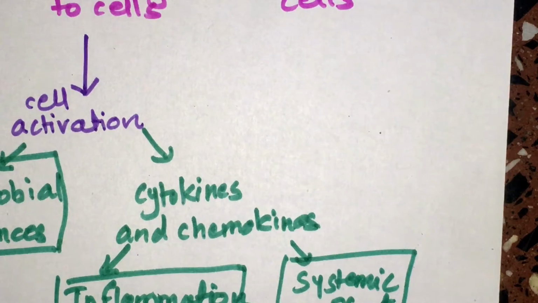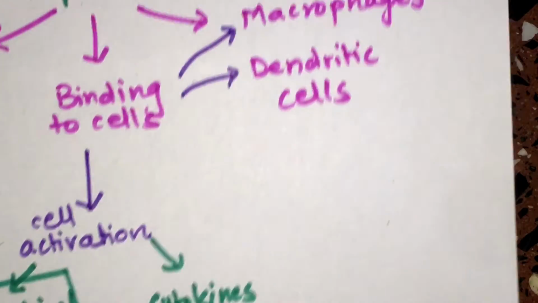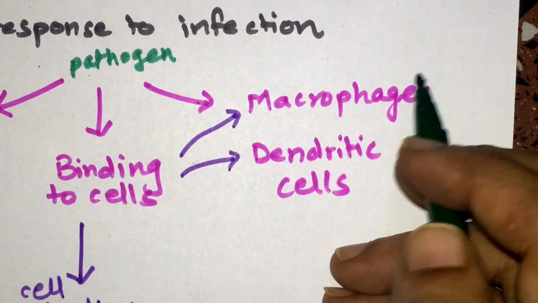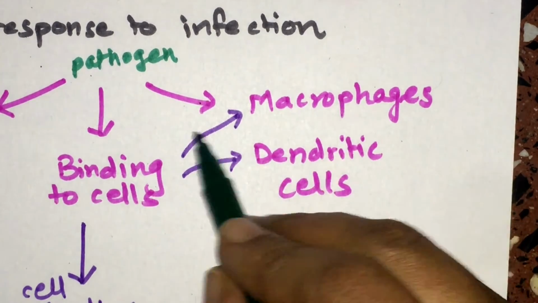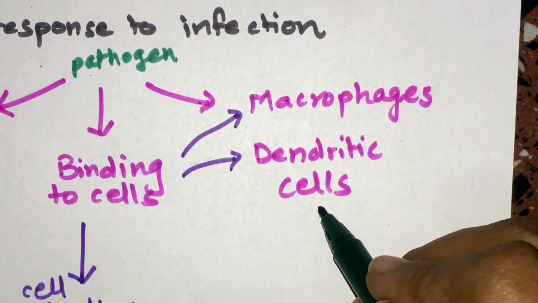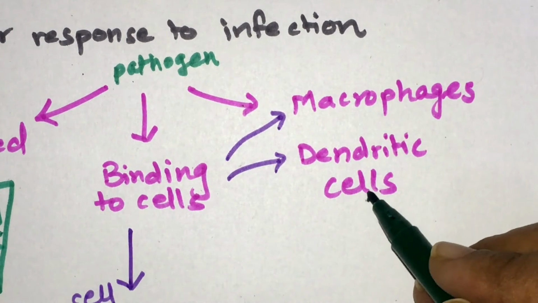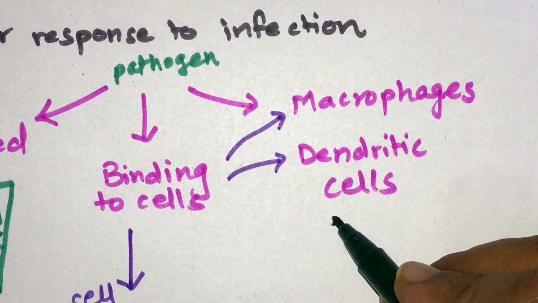Now, if the pathogen gets engulfed, then macrophages and dendritic cells can also get attracted towards the site, and it can lead to phagocytosis.